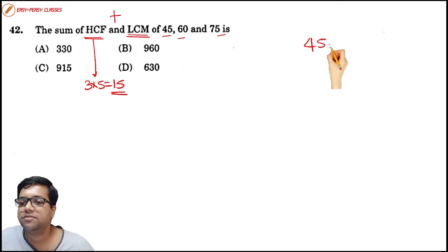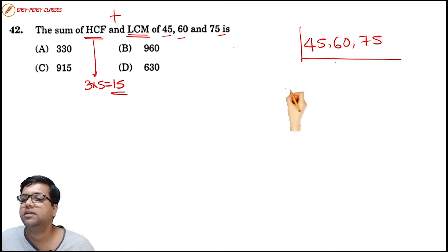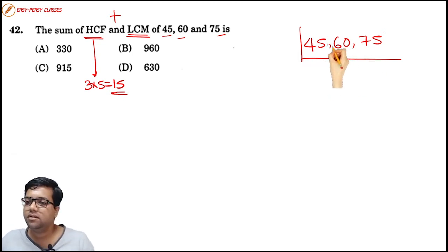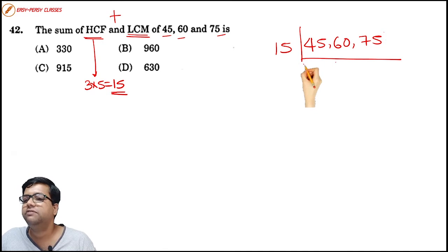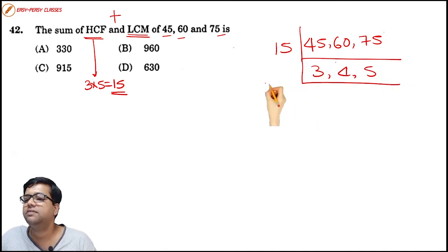The LCM of 45, 60, 75. Let's do it through the factorization method. Do we have any table common to all these three numbers? Yes, we have. It comes in 15's table. 15 3s are 45, 15 4s are 60, 15 5s are 75.